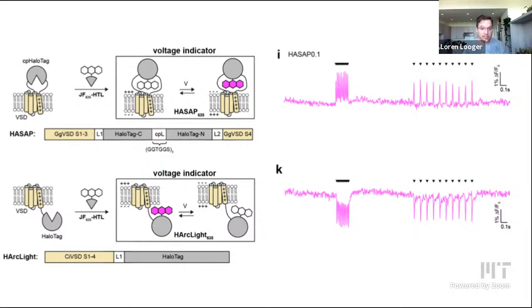But I would say that JR Gecko 1A is definitely best in class for 2P spine imaging with the fully genetically encoded indicators. But on the next slide, I'll give you a hint of something that might happen in the future to make the situation better.